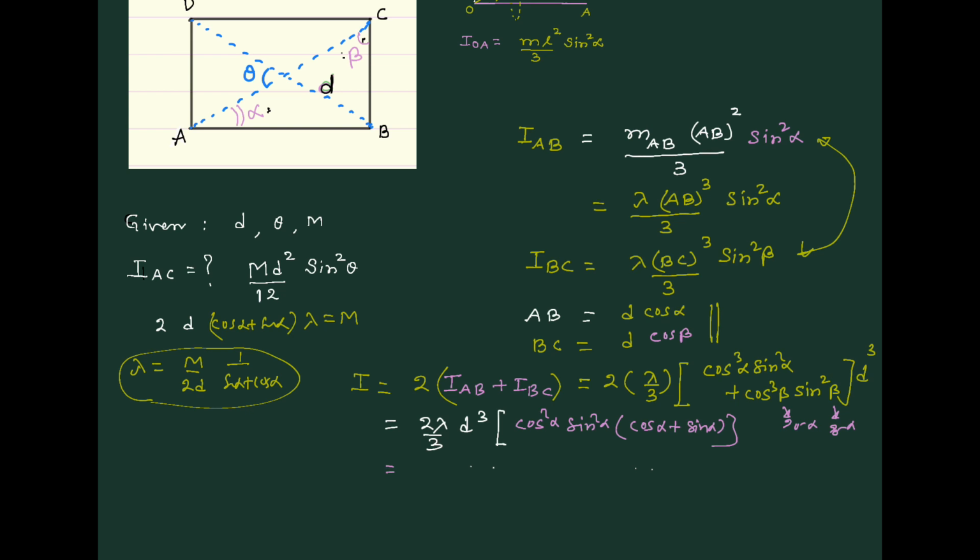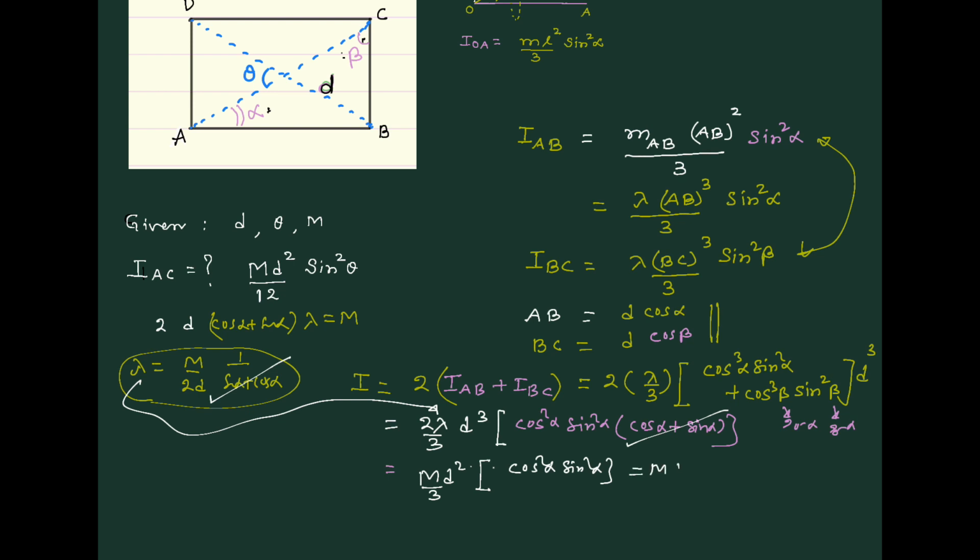There will be M d square by 3, and then this will cancel out from this expression, and we replace this expression for lambda, and here we will get cos square alpha sin square alpha.